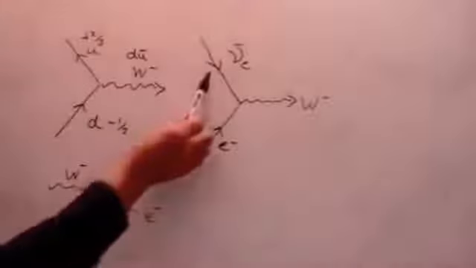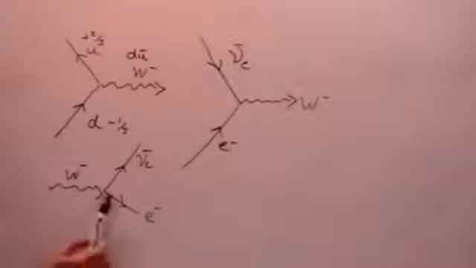You can have an anti-electron neutrino and electron which become a W minus, or you can have a W minus that becomes an anti-electron neutrino and an electron. All things are possible.